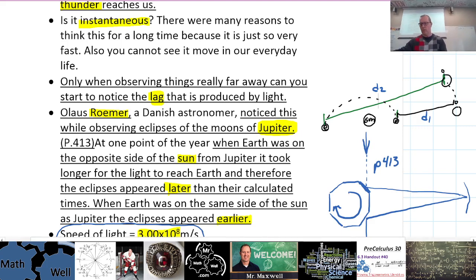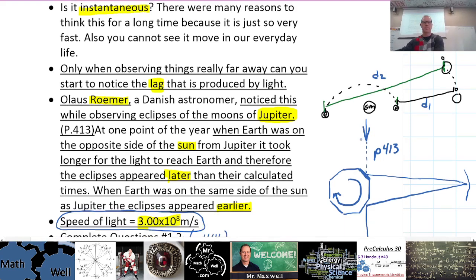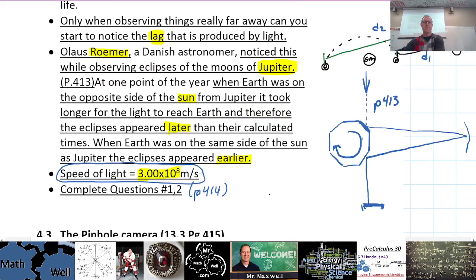So that made people think, okay, this is a very long distance, so if light is super fast, we wouldn't be able to see a difference within the Earth, maybe in experiments we could do here, but if we're talking about the distance between Earth and Jupiter, there's quite a difference there, and so we might be able to see something. Right. Yep. How did he figure this out?